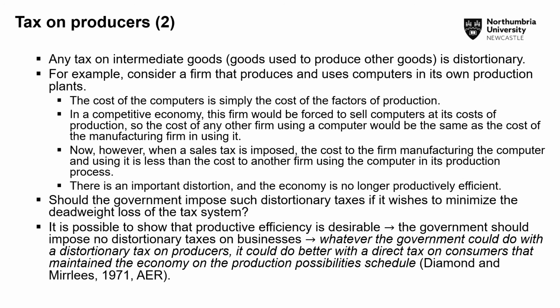So the argument when it comes to taxing producers is that no, we should not tax producers. Instead, if we want to minimize deadweight loss and achieve redistribution and hence contribute to efficiency, we should instead tax consumers. And the result is that we can stay on the production possibility schedule.